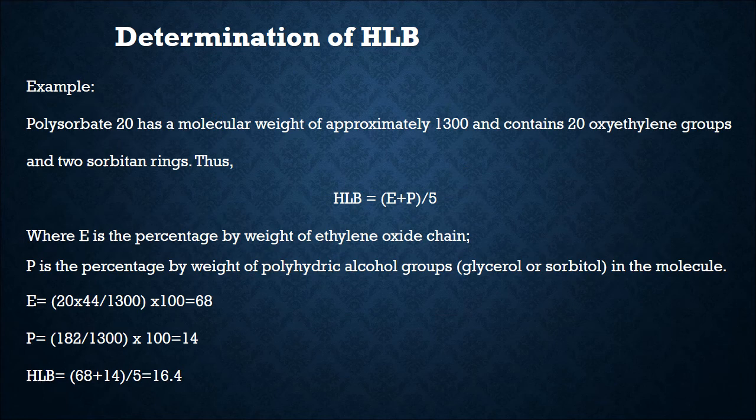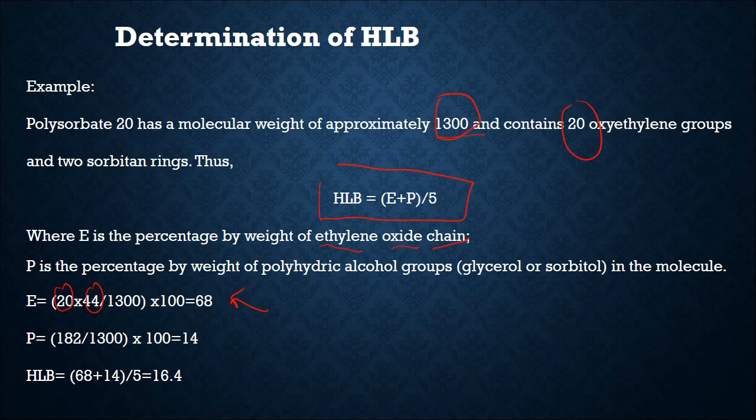For example, polysorbate 20, which is also Tween 20, has a molecular weight of approximately 1300 and contains 20 oxyethylene groups and 1 sorbitan ring. So using this formula, you can calculate their HLB. E is the percentage by weight of oxyethylene side chain. So oxyethylene is 44 times the 20 groups here, then divide by the total molecular weight, and you get the percentage by weight.